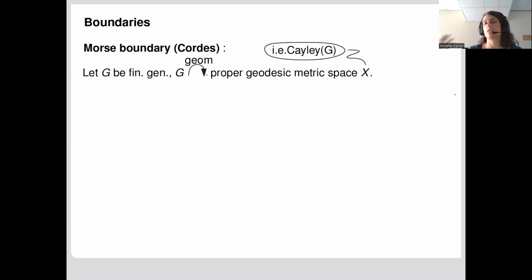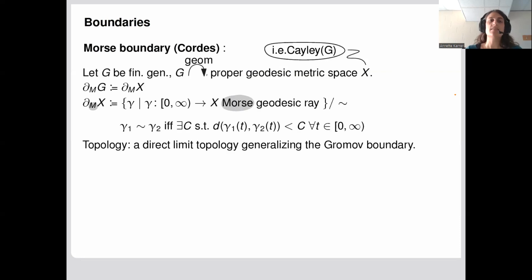Again, you can think of it, as one example, as a Cayley graph of G. Then the Morse boundary of G is defined as the Morse boundary of such a space X, where the Morse boundary consists of all equivalence classes of geodesic rays which are Morse. And the topology is a direct limit topology generalizing the Gromov boundary.